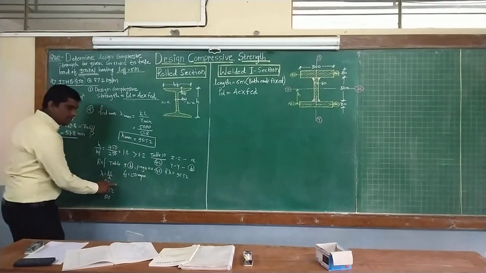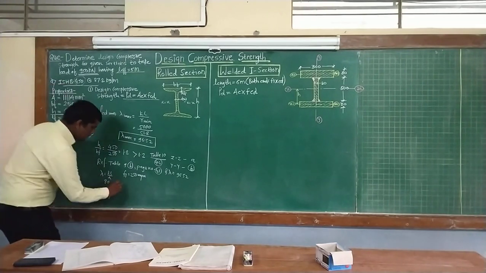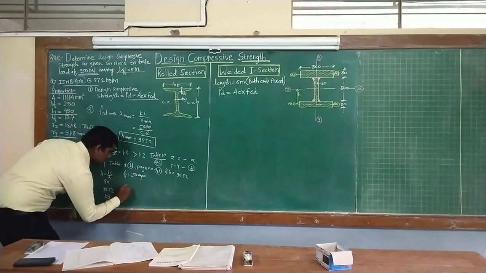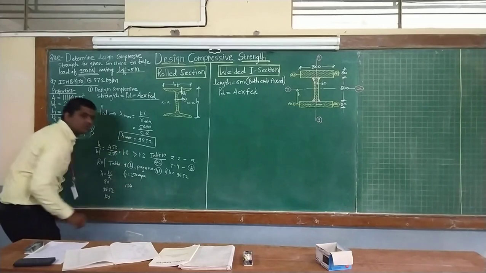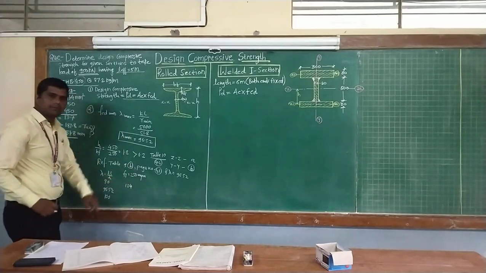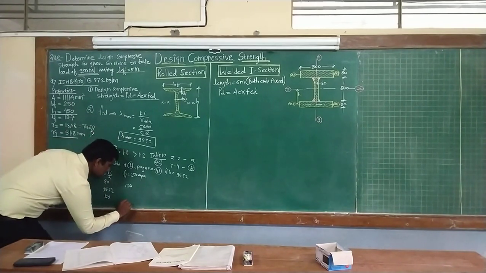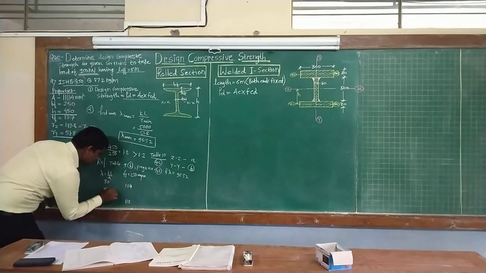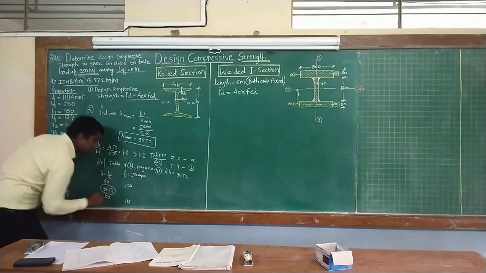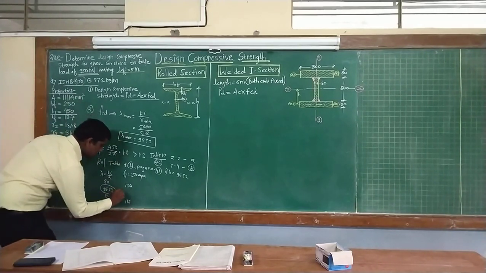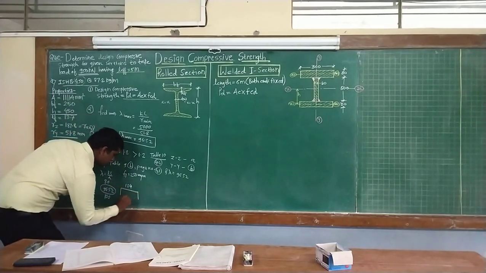So for the corresponding lambda value of 90, the value is 134 Newton per mm square, and for 100 it is 108. So for this 96.52 we are going to find out the value.